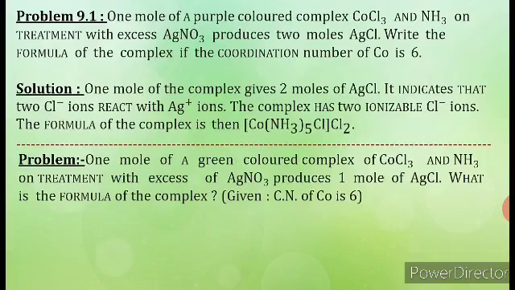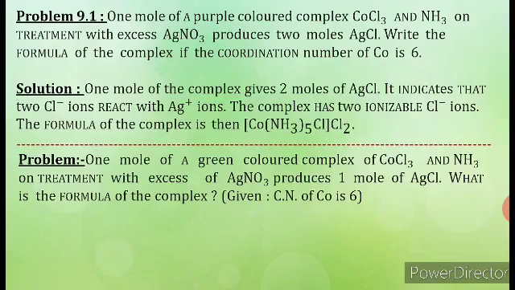What does it indicate? Out of 3 chloride ions, only 1 chloride ion is present outside the coordination sphere and satisfies only primary valency, while the other 2 chloride ions are present inside the coordination sphere and satisfy primary as well as secondary valency of the cobalt 3+ ion.